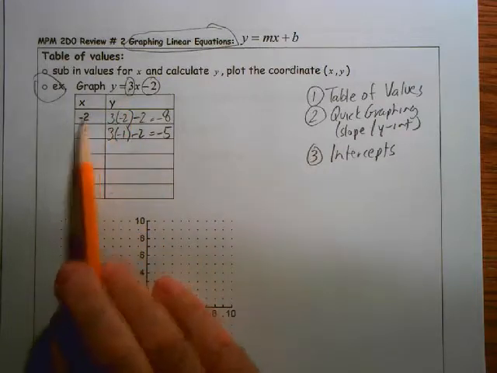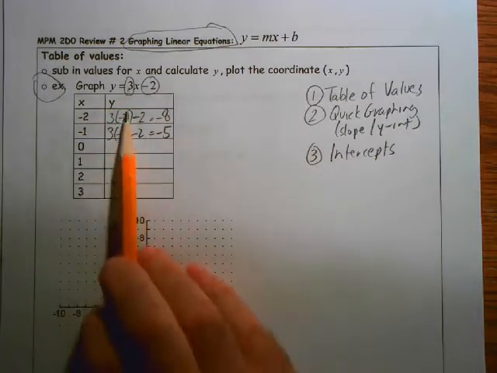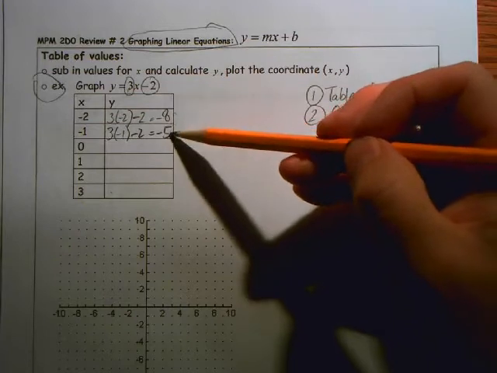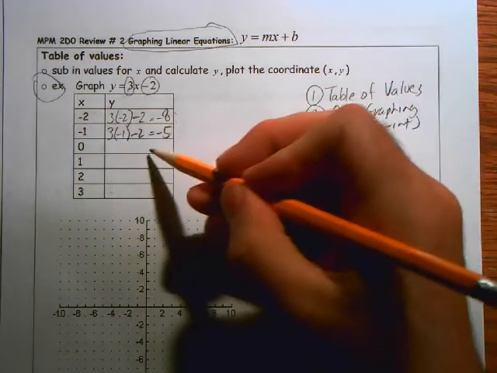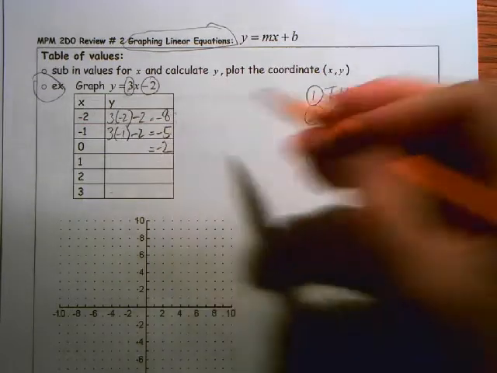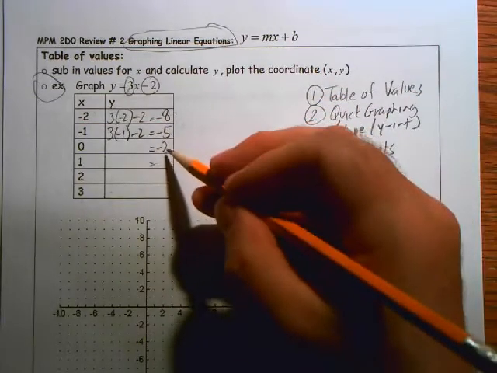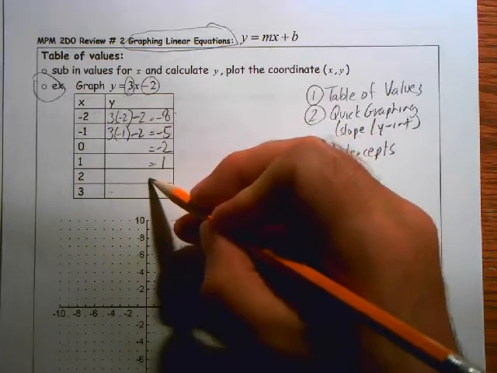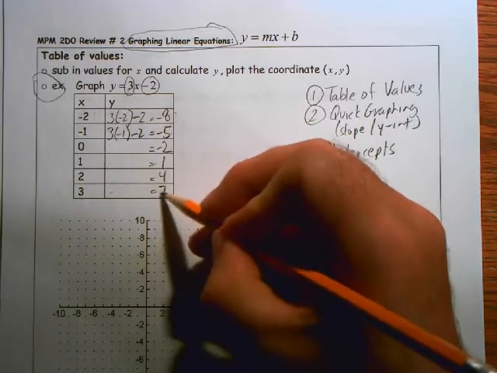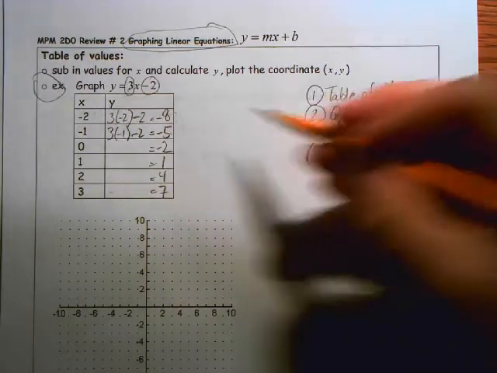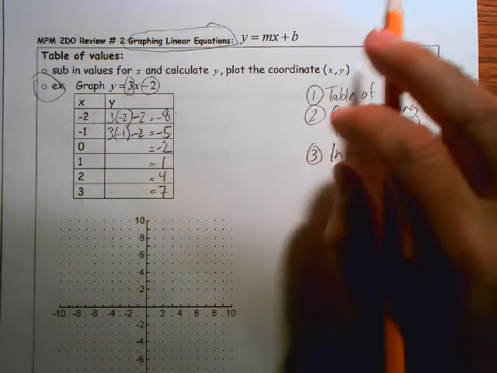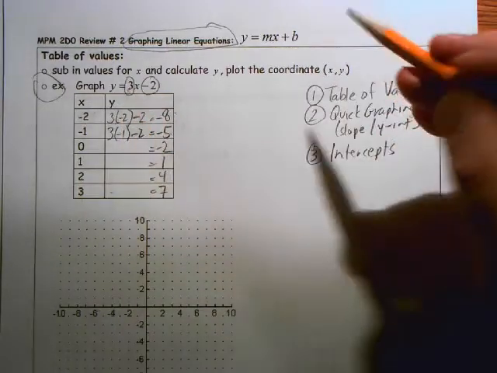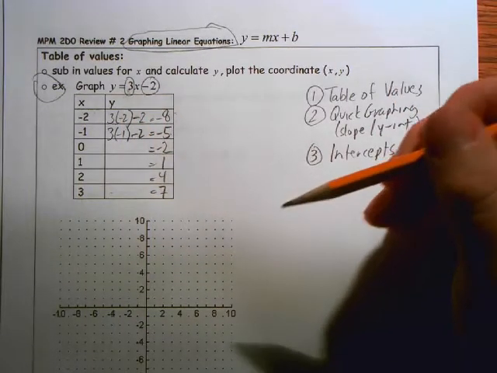And you can see in this case it is. So negative 8 to negative 5, this should be negative 2, negative 2 plus 3 is 1, 4, and 7. So that's a good way to use the slope once you've started your table of values. It's a little tougher if that's a fraction, but it still works.